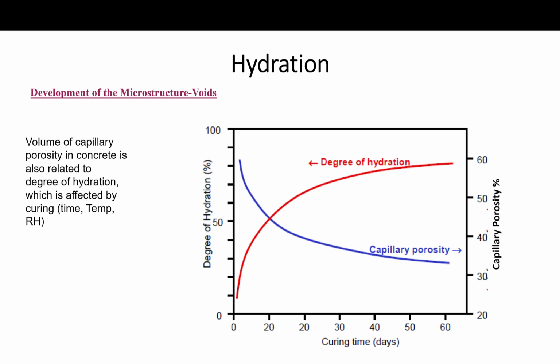But as you can see here, as the degree of hydration increases, the capillary porosity decreases. As shown here, curing time in days. So as we increase the hydration, capillary porosity decreases. A well-designed mix and proper curing will ensure that our concrete is durable.